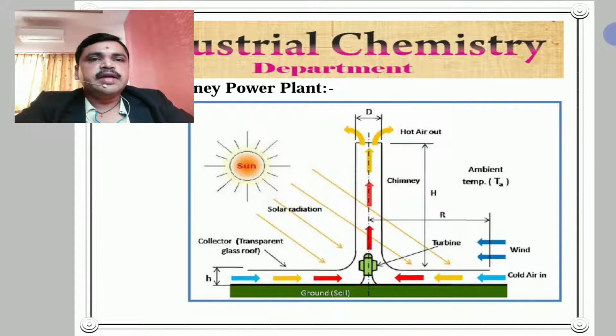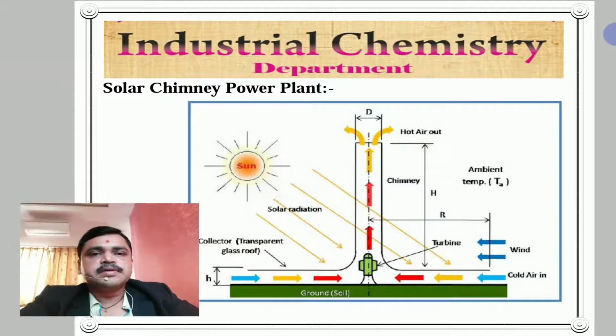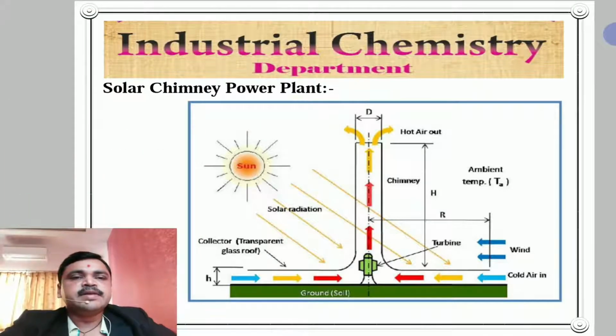Now, in this type of power generating system, we have one more instrument, the solar chimney power plant. In a solar chimney power plant, a tall concentrated central chimney is surrounded at its base by a circular greenhouse.